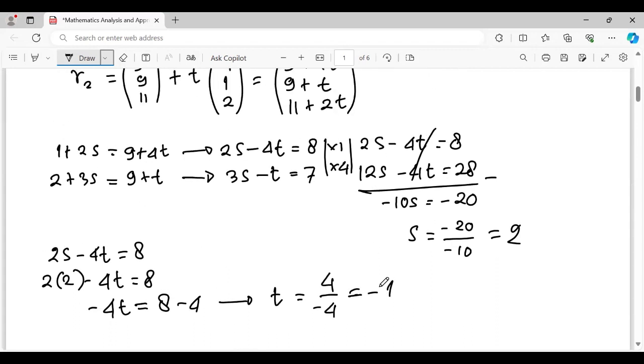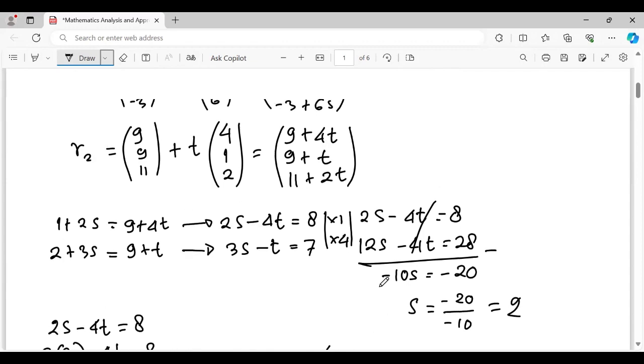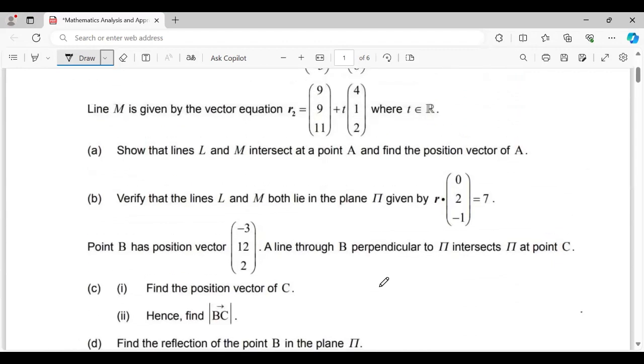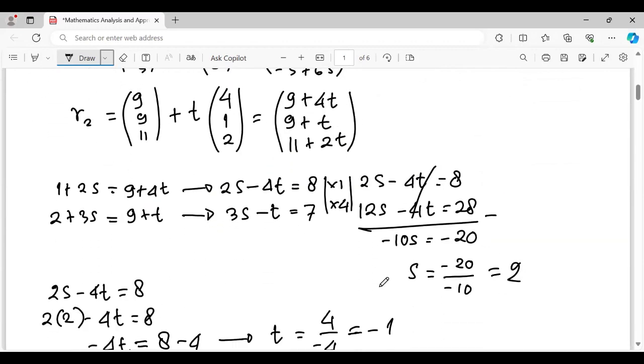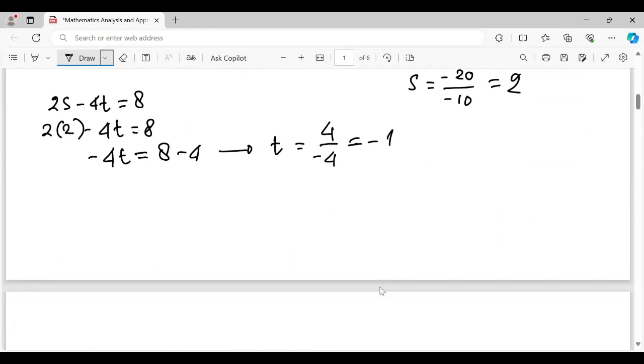Now we're going to prove, based on this question, that they intersect at point A, and after that we're going to determine point A as a position vector.